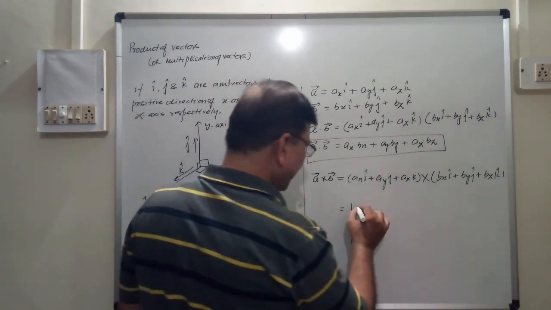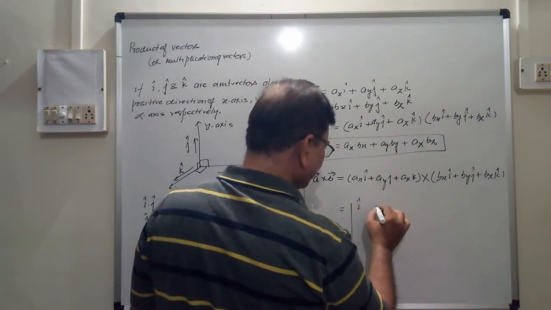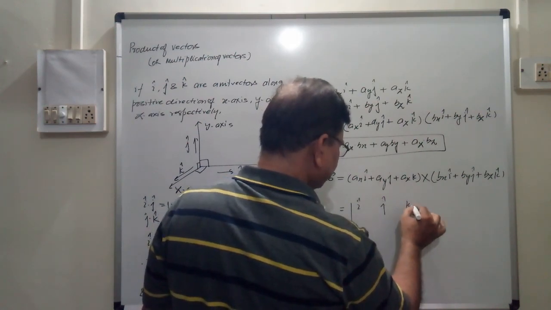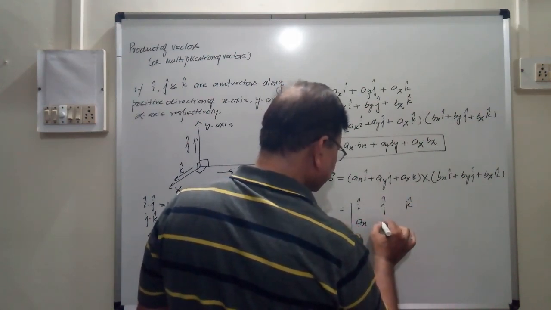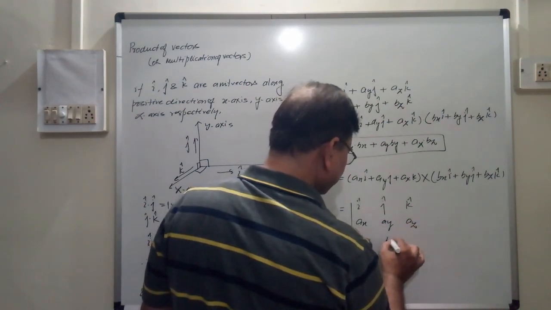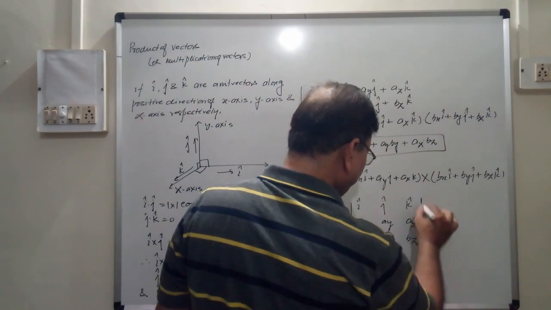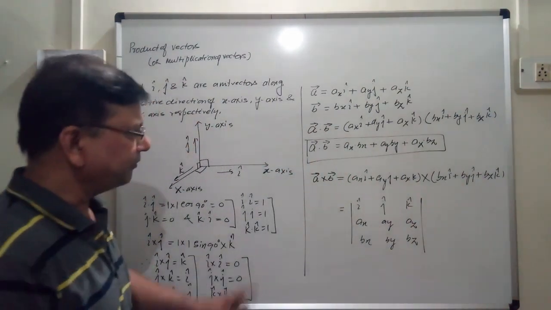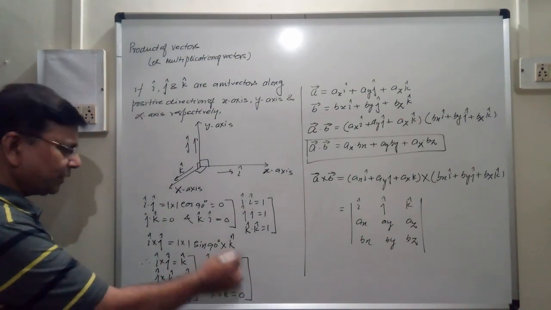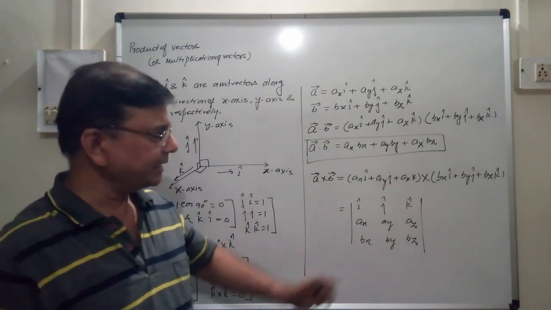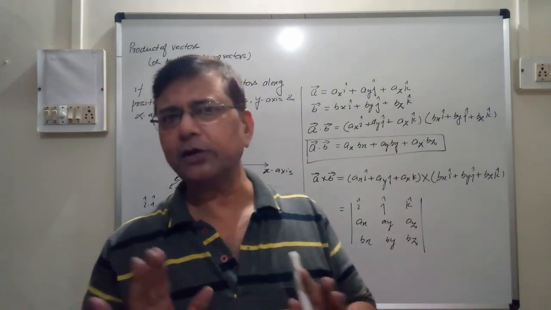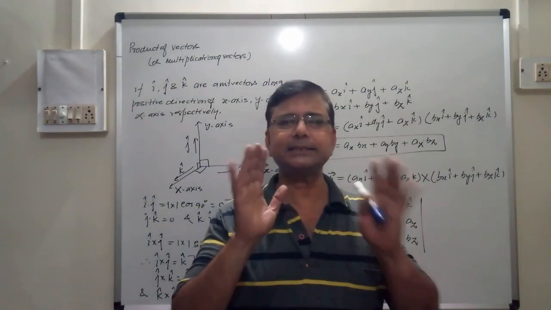This you will do, and if you are not able to do, then I'll solve it for you. IJK, AX, AY, AZ, BX, BY, BZ in the determinant form. If you are taking the cross product of this and this concept you will be using over here, you will get finally this result. So this way, dot product and cross product, I have told you, basic concept is made clear.